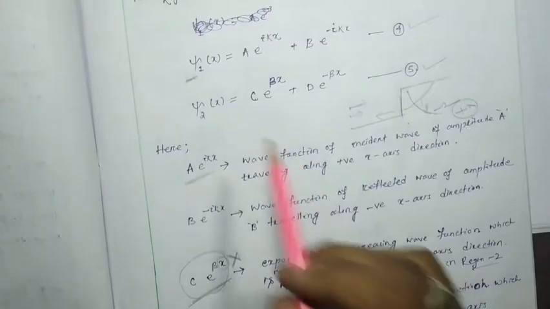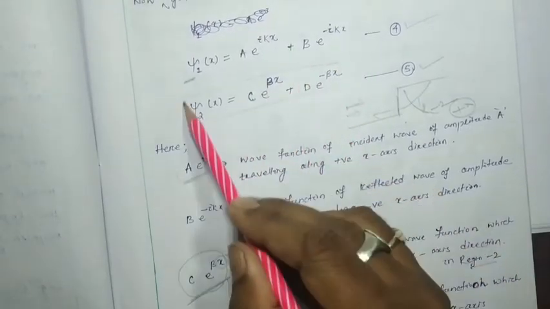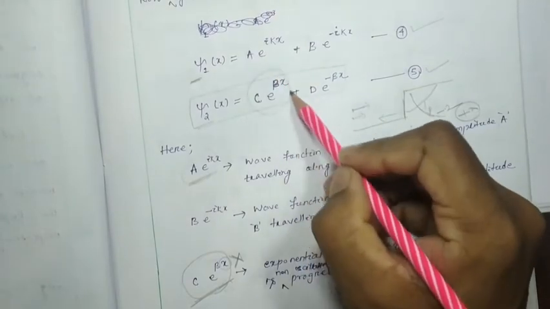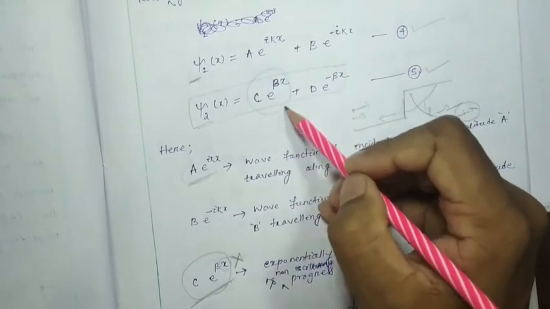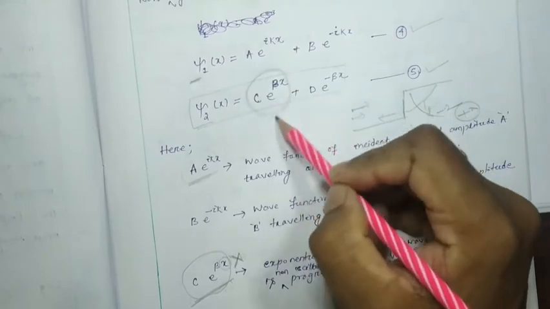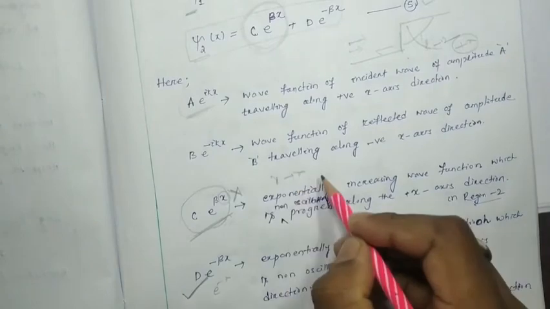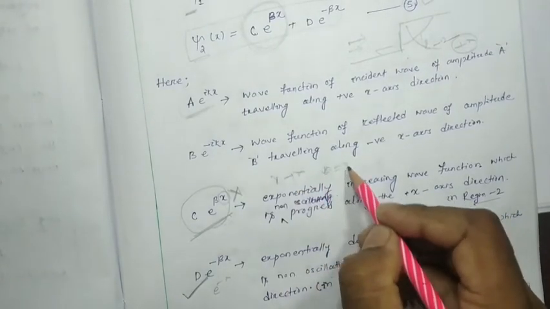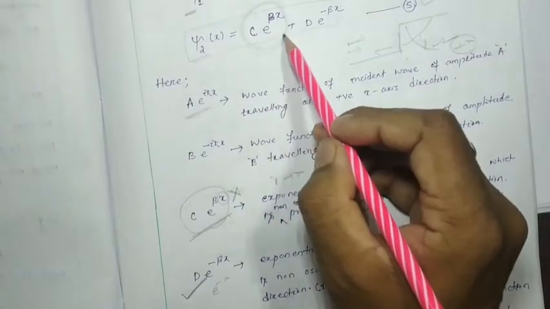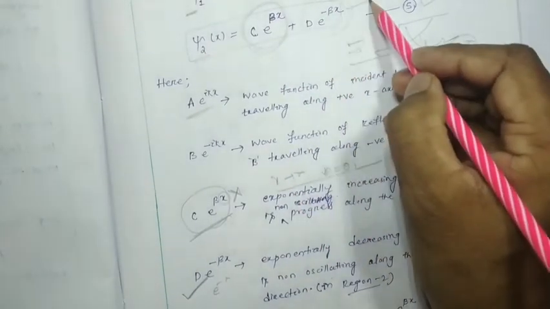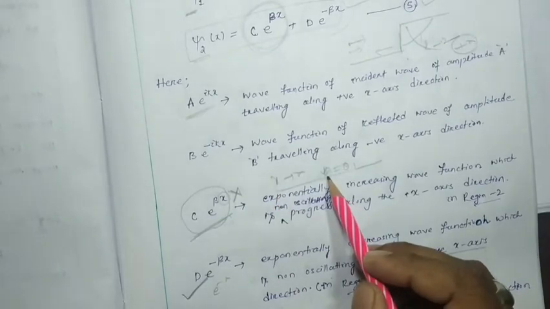Hence psi 2, whatever general solution we got from differential equation 3, the first term, the exponentially increasing term, could not be acceptable, because if we accept this one, it will not obey the boundary condition, that at x tends to infinity, the wave function has to be 0. This does not obey that boundary condition, but this one obeys the boundary condition that as x tends to infinity, the wave function should be 0.